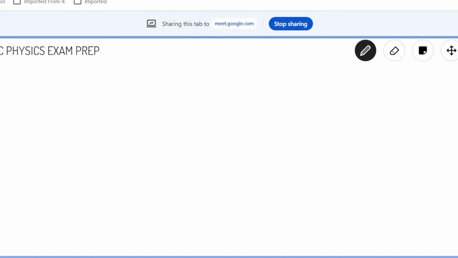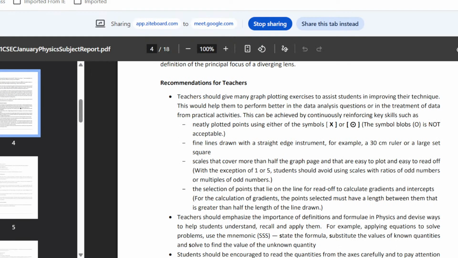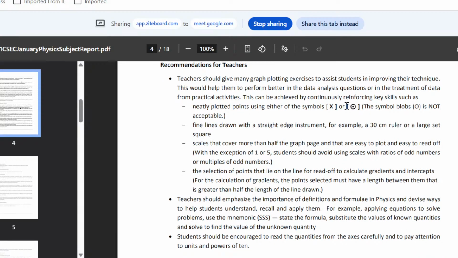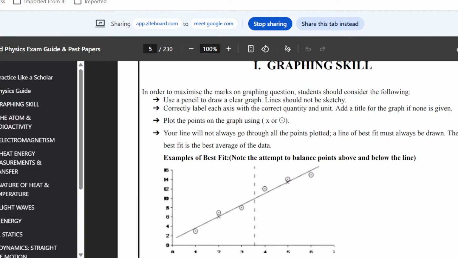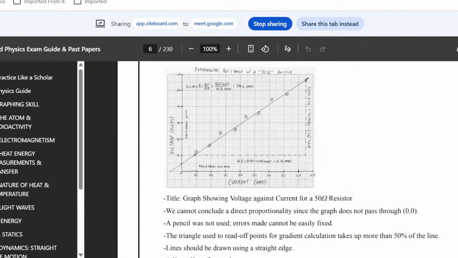So looking at paper 2, graphs. Let's go to a typical graph question.